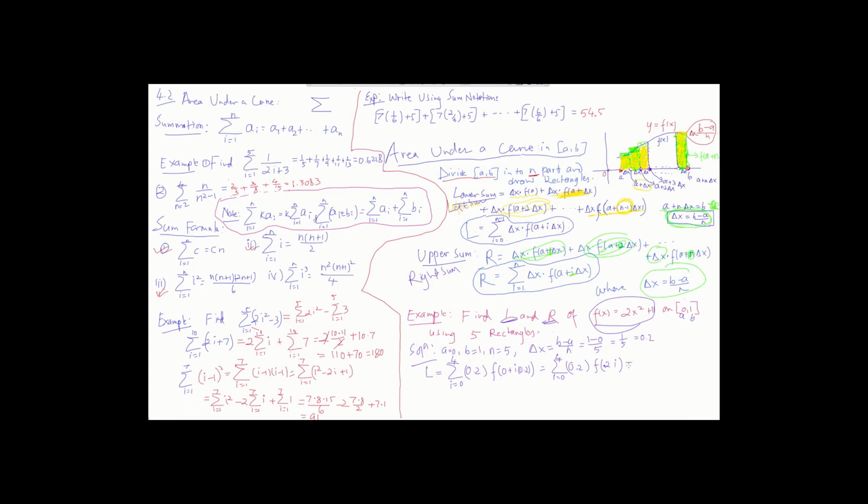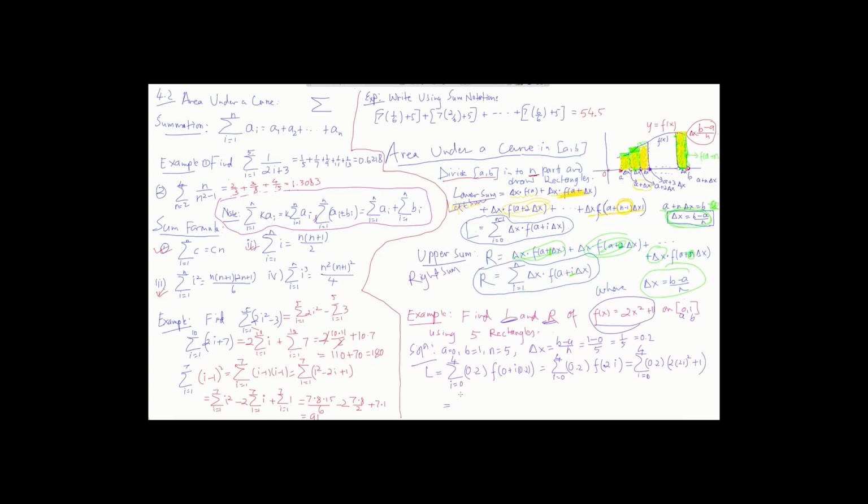So how do I write that? It is the summation, i runs from 0 to 4, and then I would write 0.2 times 2x squared plus 1, where x is 0.2i. So 2 times (0.2i) squared plus 1. You see that?